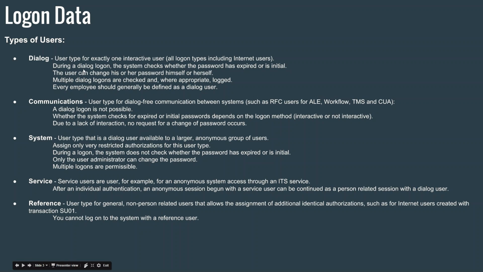During a dialog logon, the system checks whether the password has expired or is initial. The system has to check if the password is actually valid or not. Third point, the user can change his or her password himself or herself. It doesn't mean it should change, but it can change, assuming it has the right authorizations. The fourth point is that multiple dialog logons are checked and, where appropriate, logged.